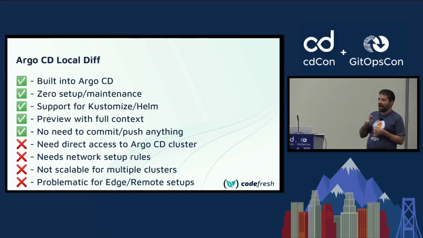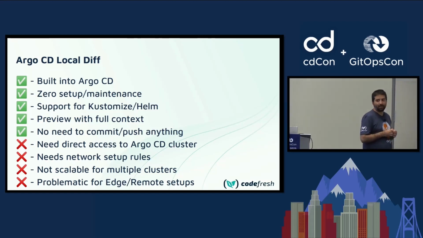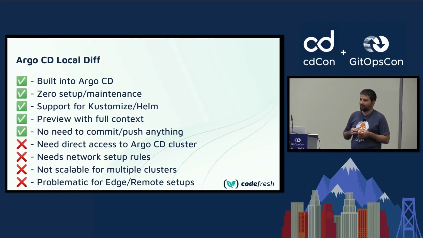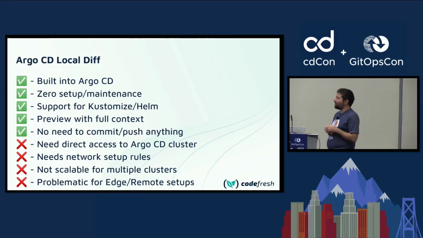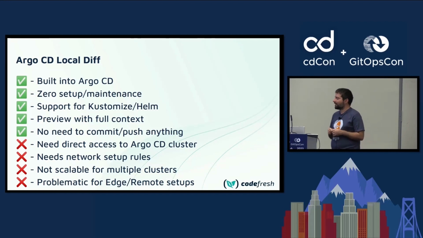So you need to allow your CI system to have access to your Argo CD cluster, and maybe you don't want to do this, or maybe you are not even allowed to do this. Let's say your CI server is in the USA, and your Argo CD instance that you're deploying is in China, and maybe it's not even possible to do this. So your security people might not be very happy about this, and you also need to do some networking setup.